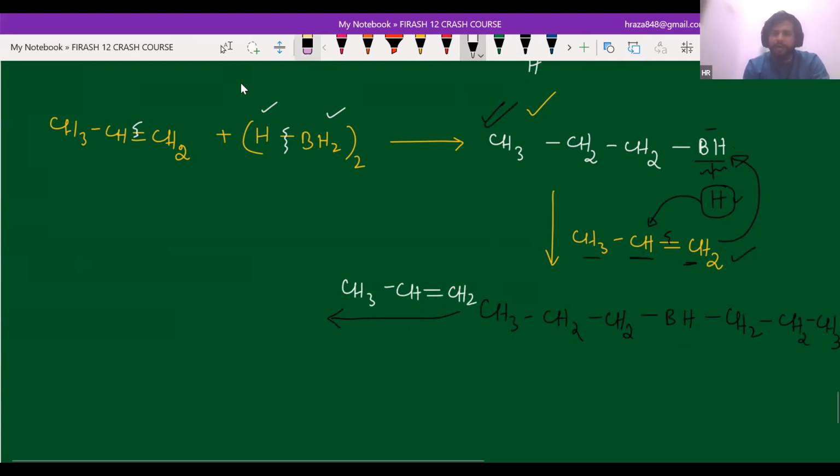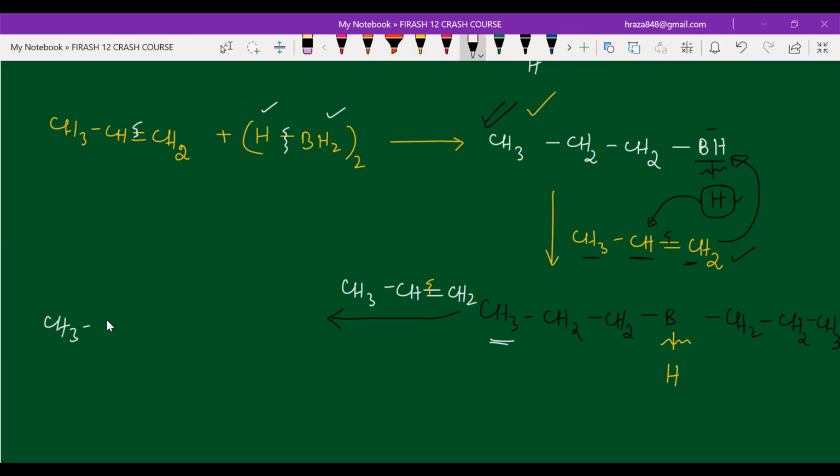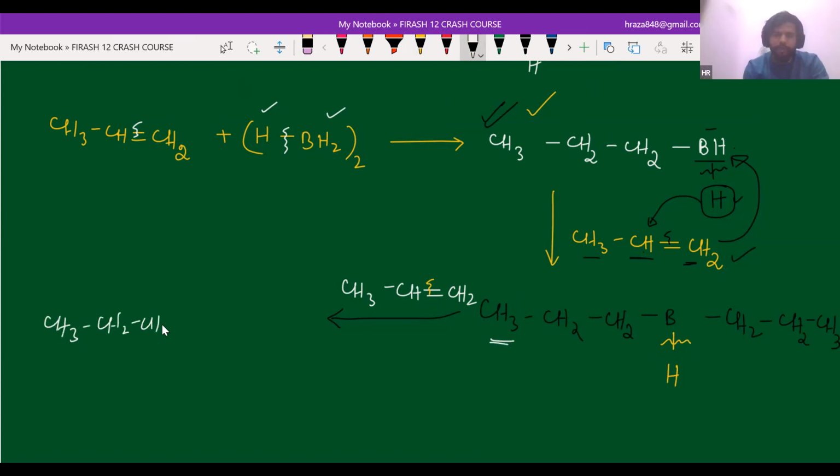And I'm going to write this BH as this. Again, this part will be broken and this part will be broken. And what you will get, I'm going to write this part first. It will be thrice. Yeah, very good. CH3, CH2, CH2, and B. After B, on the right hand side, CH2, CH2, and then CH3.